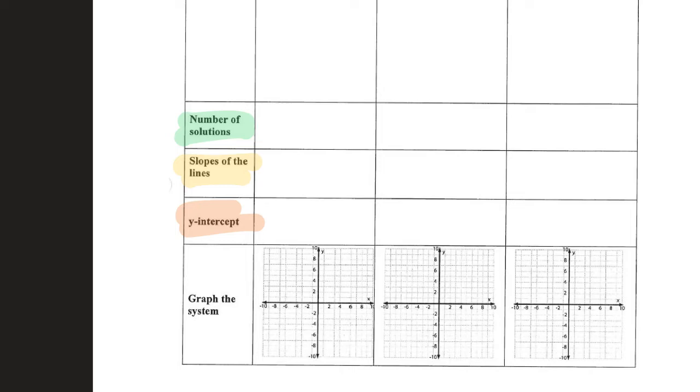And we need to tie together a couple ideas. So I'm going to ask you to fill this in kind of in a backwards way. What I'd like us to do is to go through and find the yellow and the orange first. So I want you to find the slopes of the lines and the y-intercept of each line in each column.